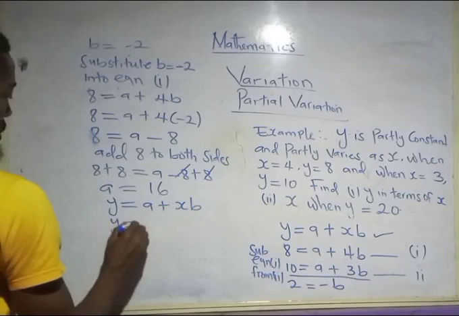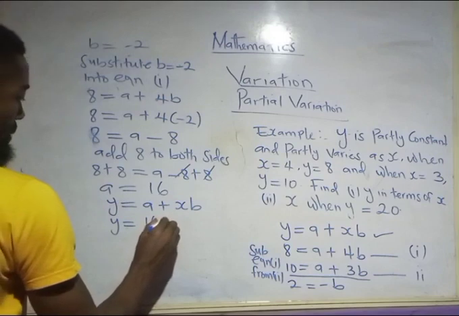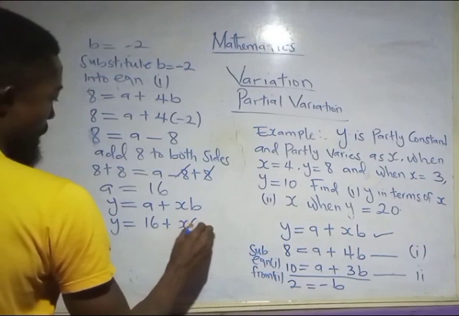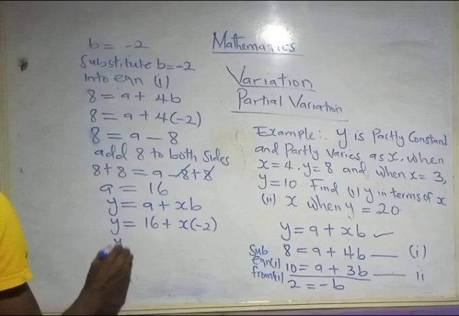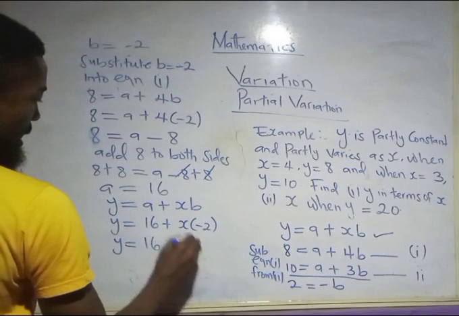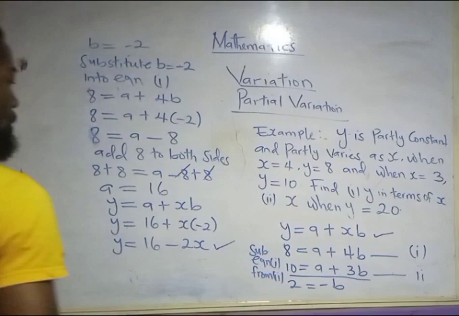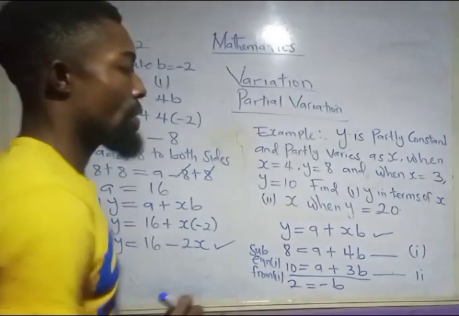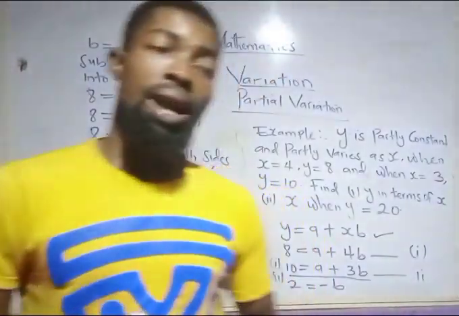Our y is equal to a, which is 16, then plus our x bracket minus 2. I like to put it this way for better understanding. So we have y equals 16 minus 2x. X times 2 is 2x. So this is the relationship that happens between them, or we find y in terms of what? x. As simple as it is.